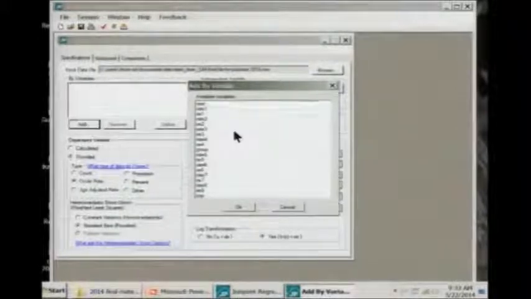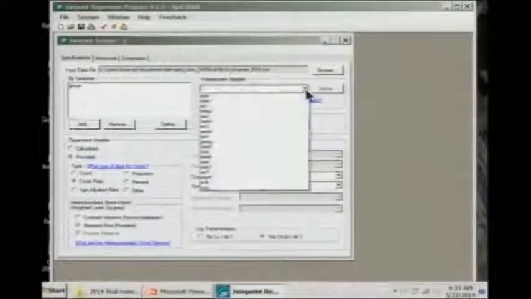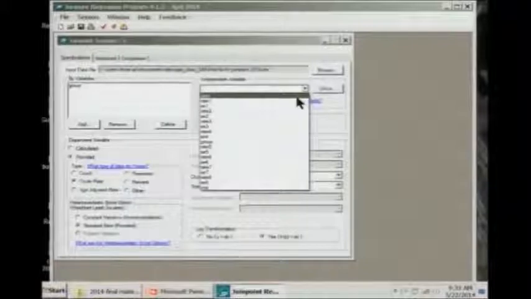My grouping variable, believe it or not, is called group. And my independent variable for trend analysis is year. Then let's look at rate 6.